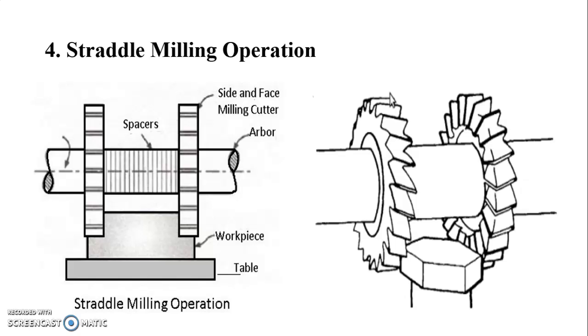So in straddle milling, distance between the cutters is so adjusted that both sides of the workpiece can be milled simultaneously. So the two side milling cutters are separated by spacers, washers and shims, so that the distance between the cutting teeth of the cutters is exactly equal to the width of the workpiece area required.